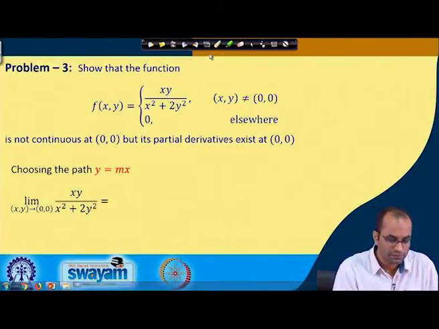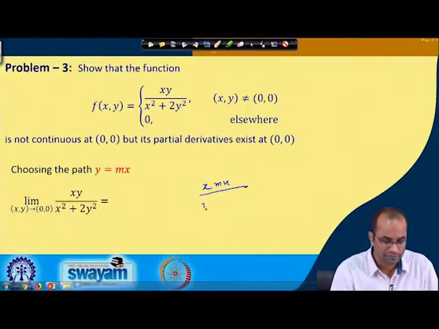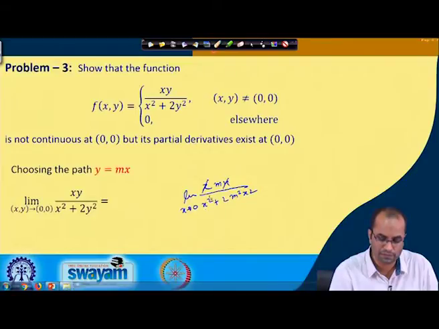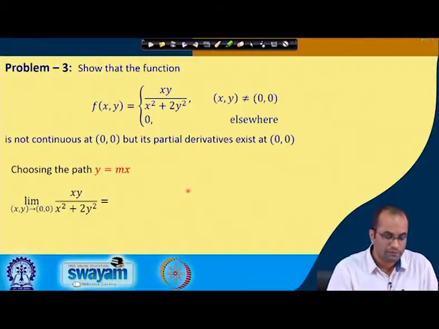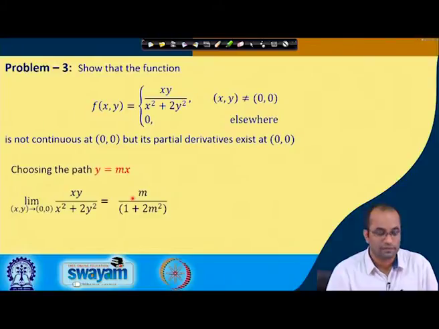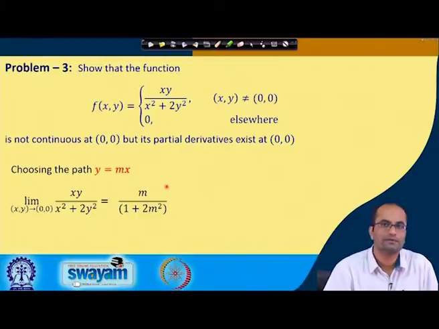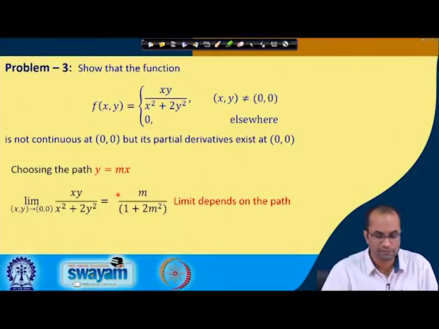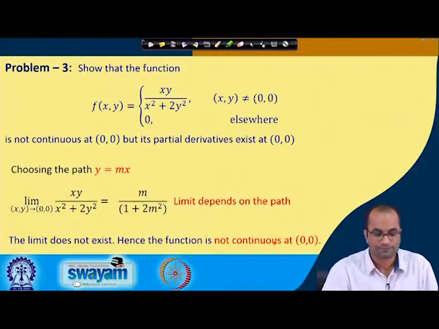We have x square and 2 m square x square, and then the limit as x goes to 0 gives m over 1 plus 2 m square. Hence this limit does not exist because it depends on m. For different values of m we get different values of the limit, so the function is not continuous.